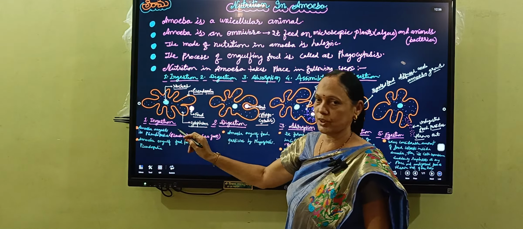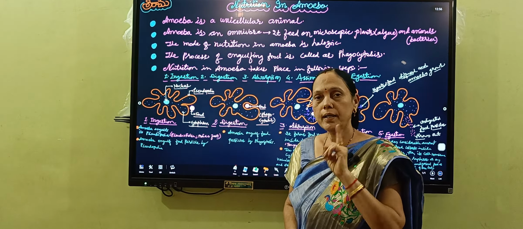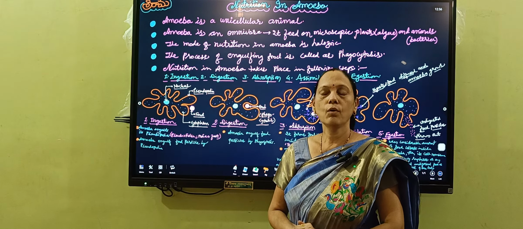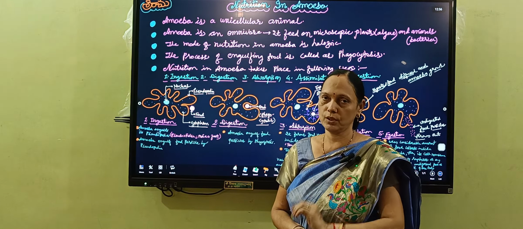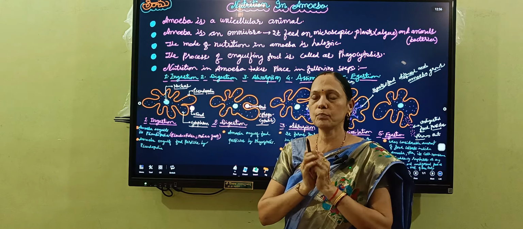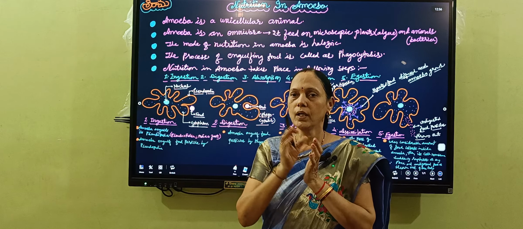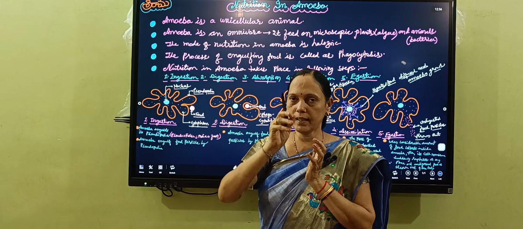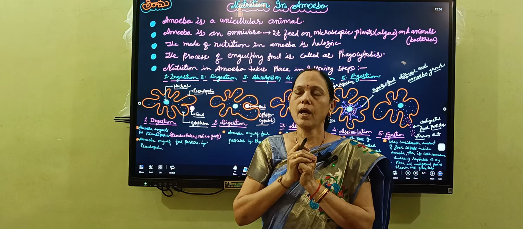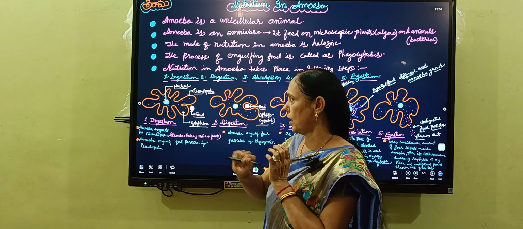The first step is the ingestion of food. We already know that amoeba is the type of organism which can change its structure whenever the need arises. The body of the amoeba has a central nucleus, and outside of the body there are pseudopodia, and cytoplasm is also there.